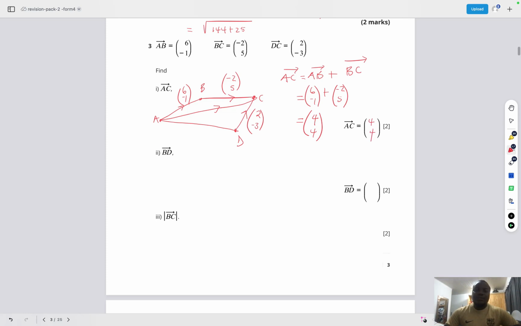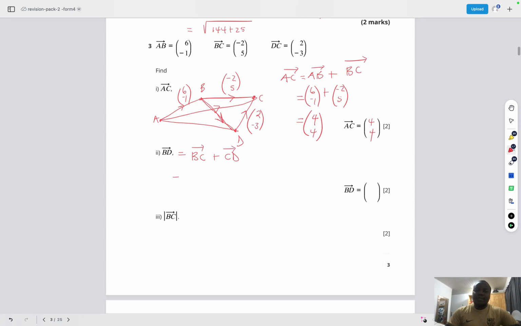And then they want us to find BD, to move from B to D like that. You can either move BA and AD. Now, if you look at this, we do not have AD. So the easiest thing to move from B to D down here in that direction, BD should be equal to BC and CD. Now BC, the vector like that, plus CD.